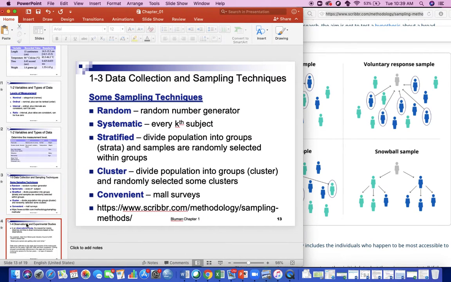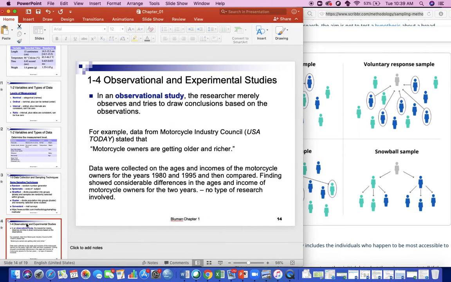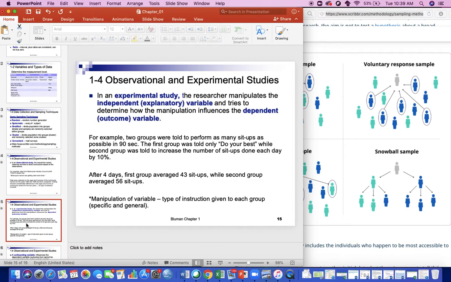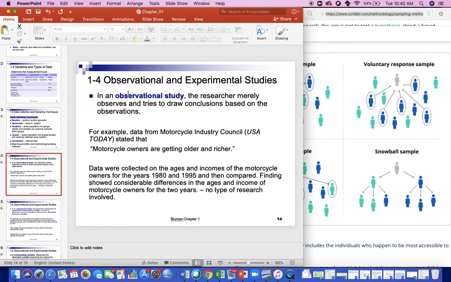Alright. And then the second one is observational study and experimental study. For the observational study, the researcher merely observes. If you want to differentiate between observational and experimental, you must remember that in observational, the researcher observes and tries to make conclusions based on observation.